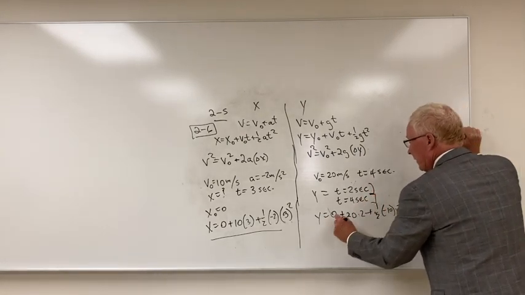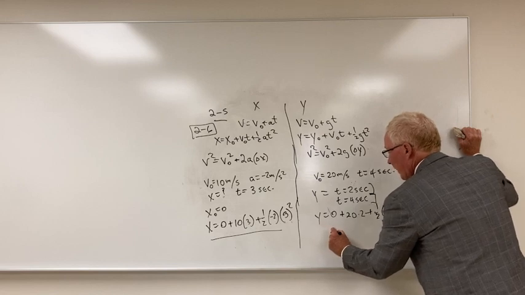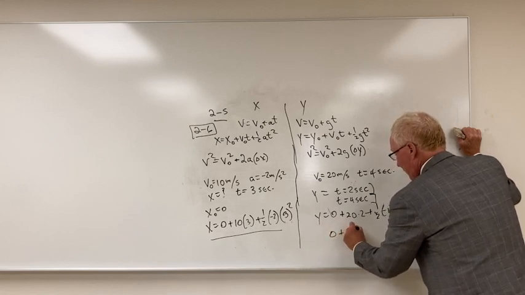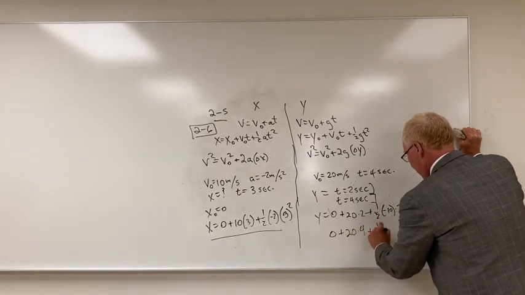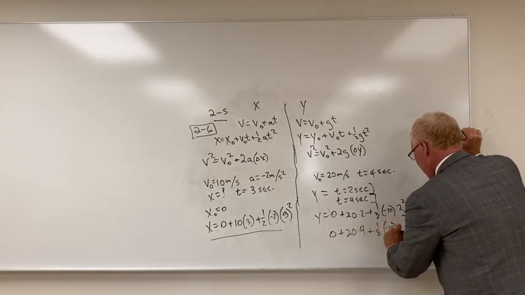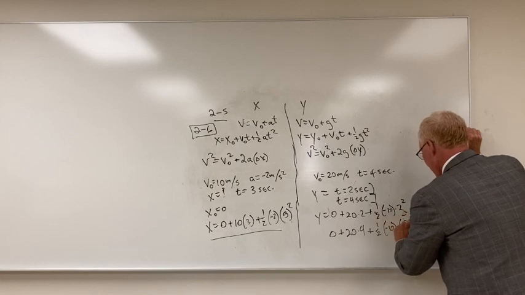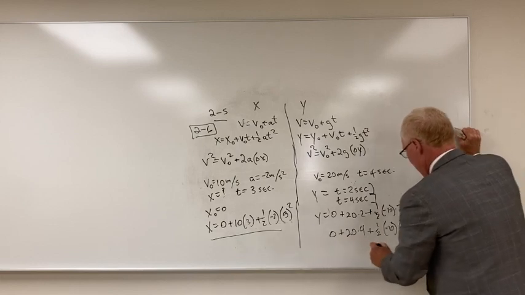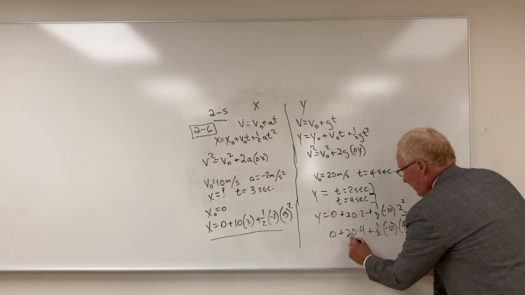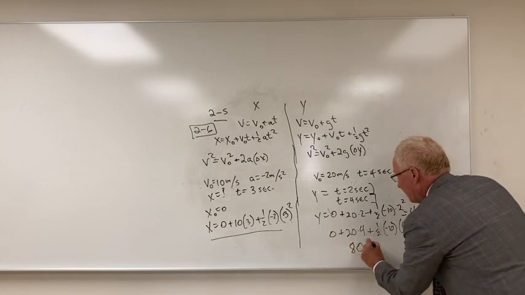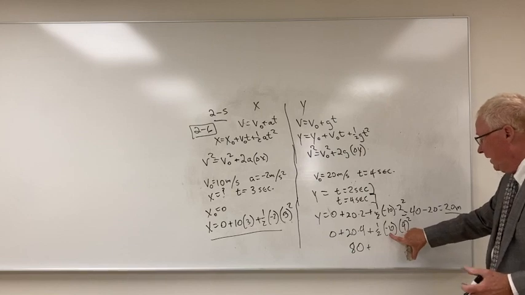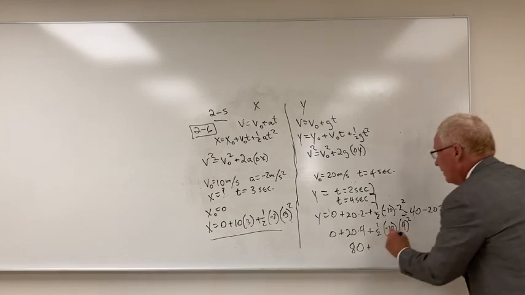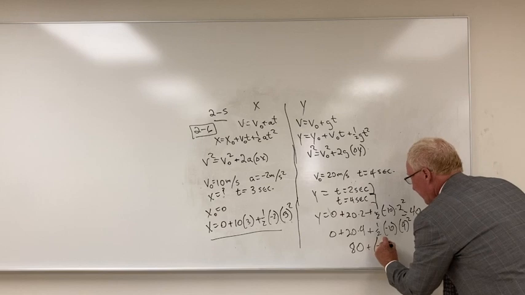If we have 4 seconds, then y would be plus 20 times 4 plus 1/2 times minus 10 times 4 squared. This would be 80 plus 1/2 of that, which is minus 5 times 16, that would be minus 80.